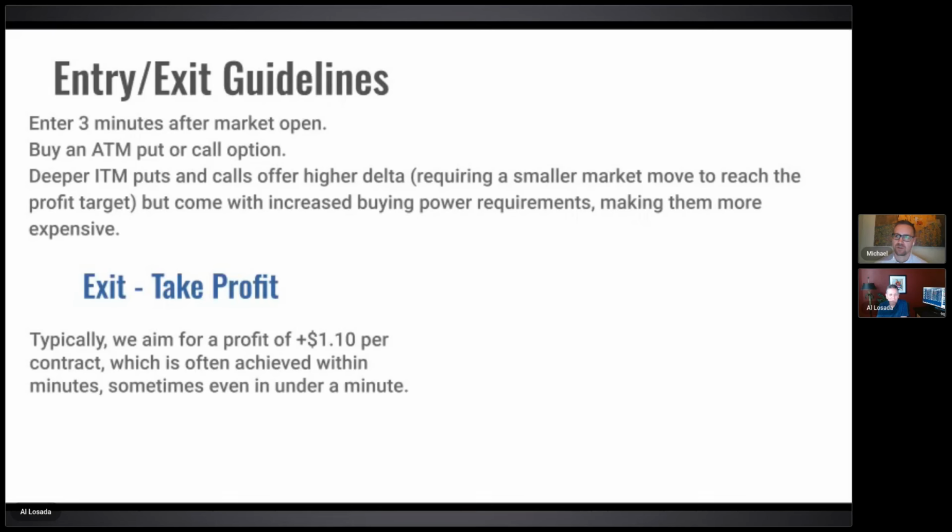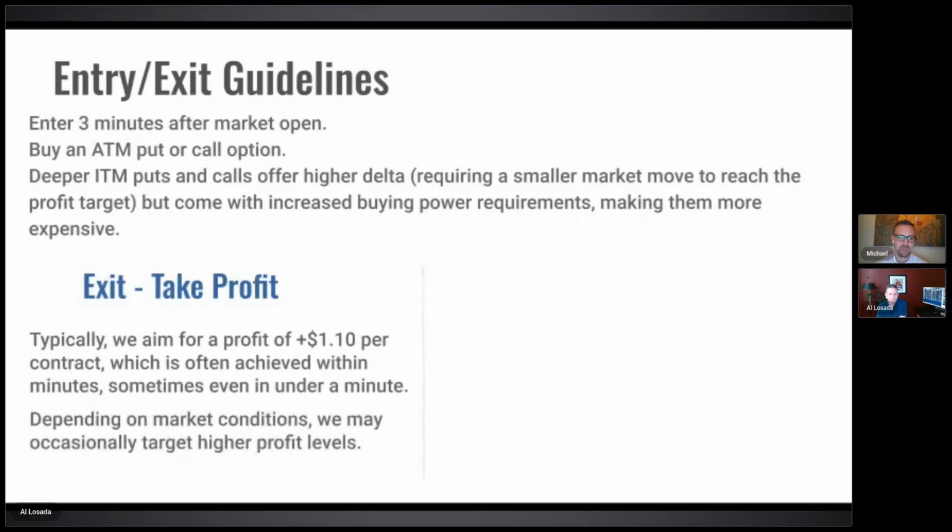I encourage our traders also to keep their eyes on the chart, and if they see higher winning potential, to go for even more than that. But this is my strategy. I usually trade most of the time 10 contracts, so this is $1,000 per trade for me, which over the years has just worked for me.